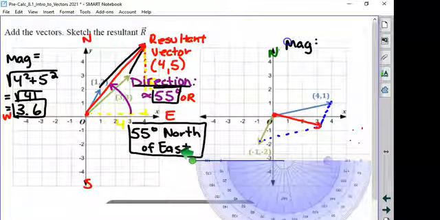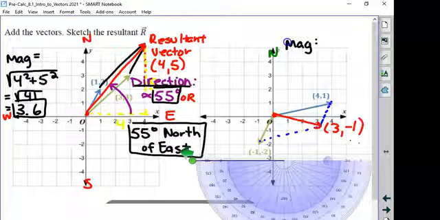And remember the magnitude comes from the Pythagorean theorem. So this one ends up, my red one is a little bit funky, but it ends up at right 3, down 1. Okay, so that one should end up at right 3, down 1. And then we can find the magnitude, because if I did Pythagorean theorem, it would be 3 squared plus 1 squared.